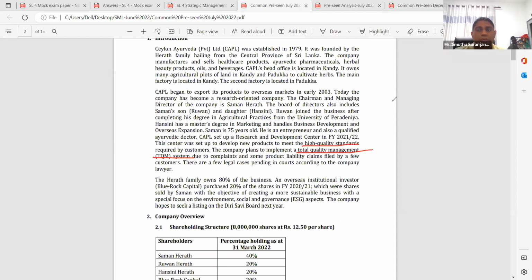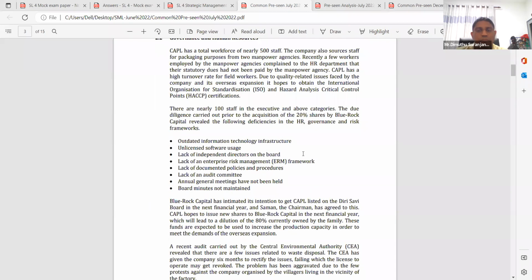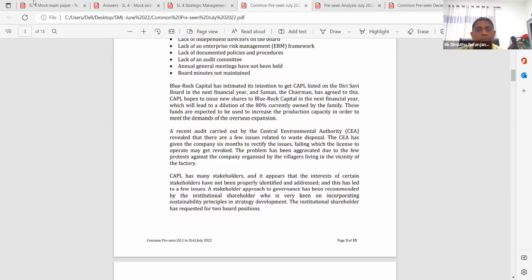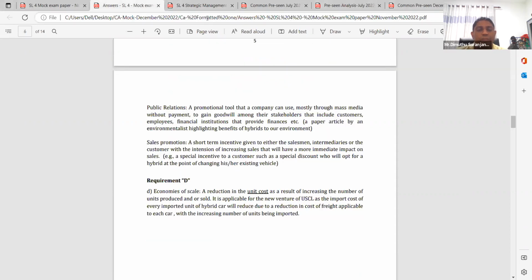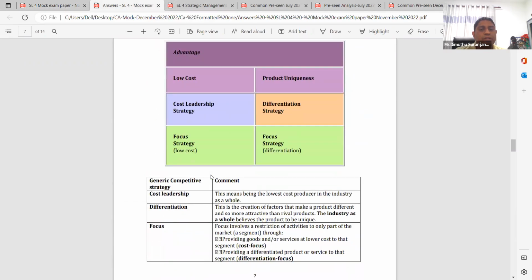So they are more working with quality. Yes, quality. So quality means what strategy do they apply? Is it cost leadership or differentiation? It should be differentiation, no? Yes, differentiation. We'll see what they say.